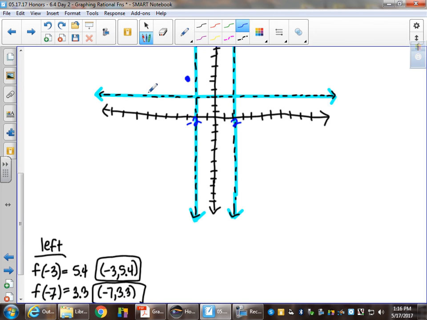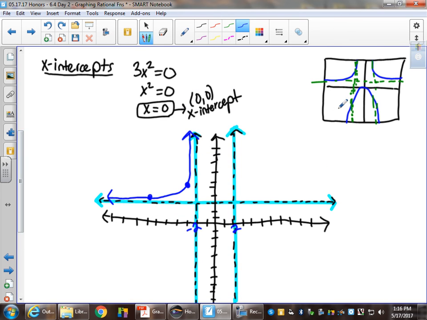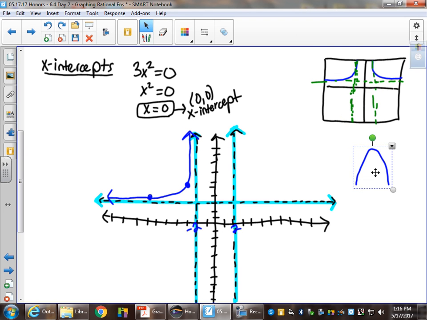Here's 3 and a little bit. And I have successfully sketched the graph for that piece. Then when I look at my little sketch here, this is going to bother me.